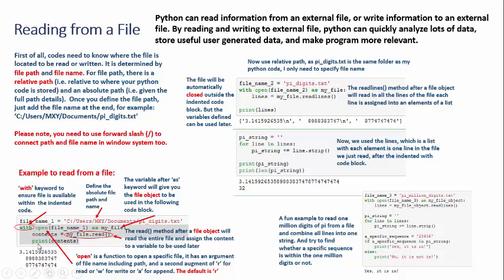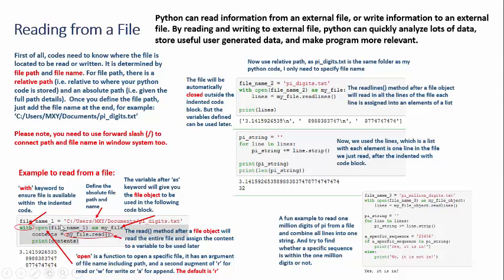In this case, content is a variable that contains the entire file, which we want to print out. In this particular example, there are only 3 lines of digits in the pi_digits.txt file. It reads the file into Python's memory, and then I print it out. This is very simple, but it shows the logic of how you read a file.